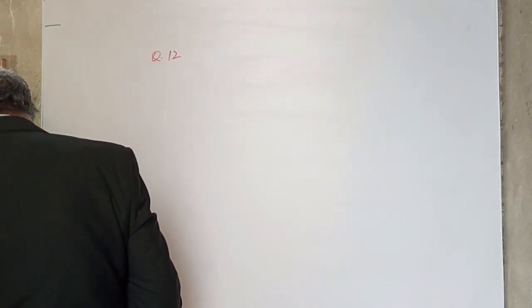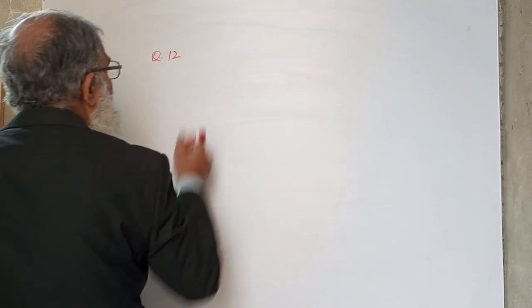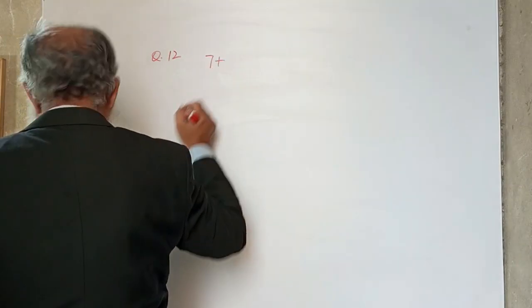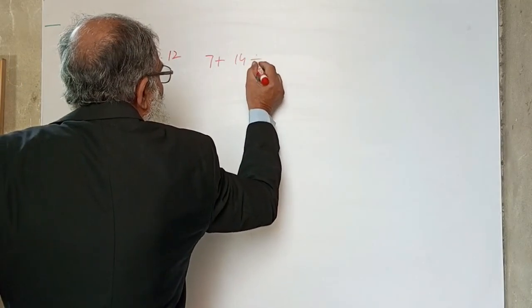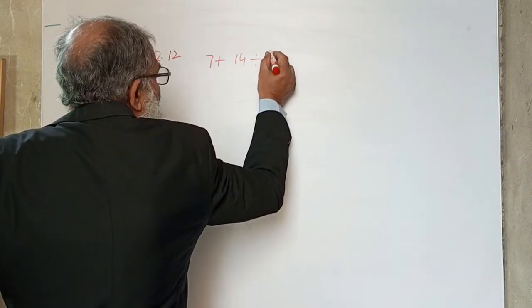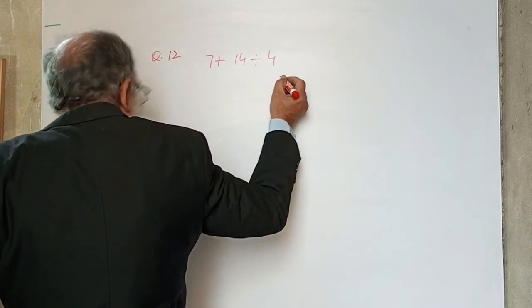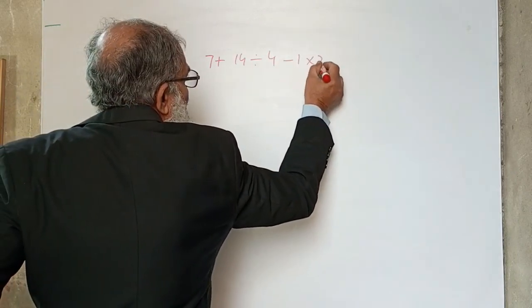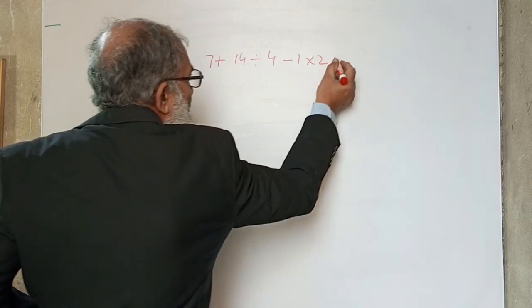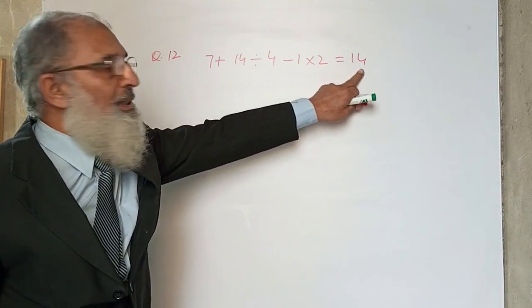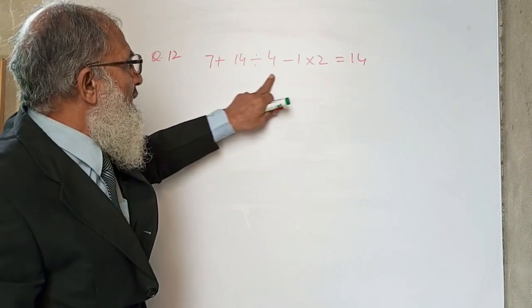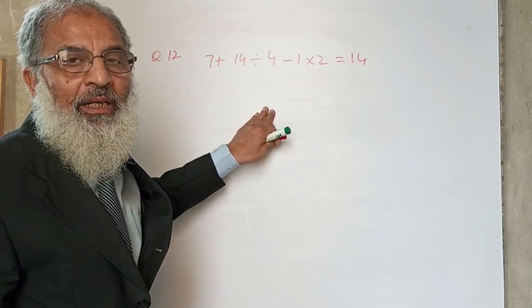Now it says that this is the question: 7 plus 14 divided by 4 minus 1 multiplied by 2 is equal to 14. Now we have to get this answer by inserting correct brackets.